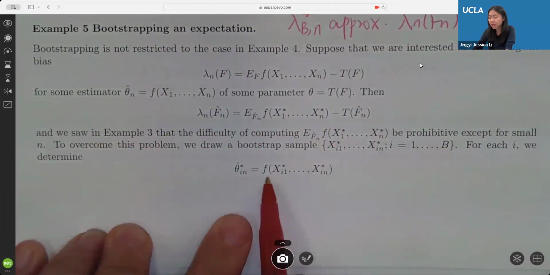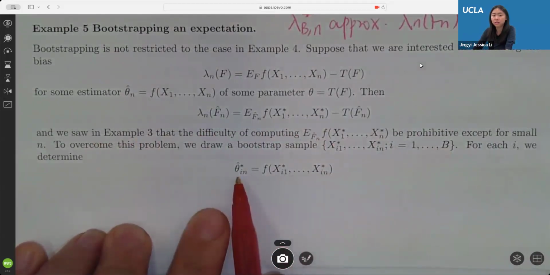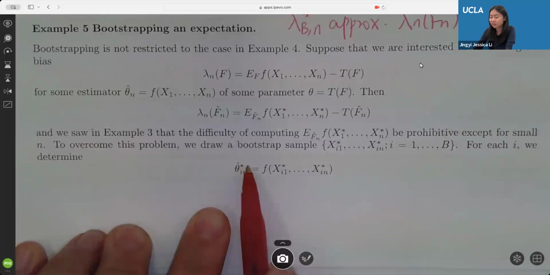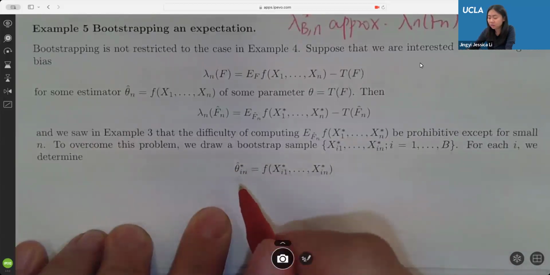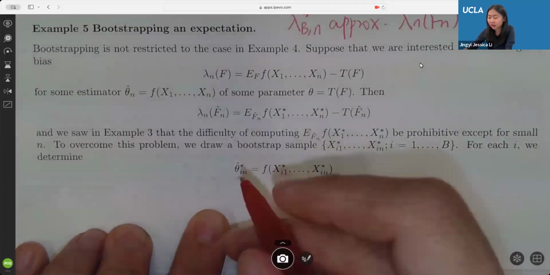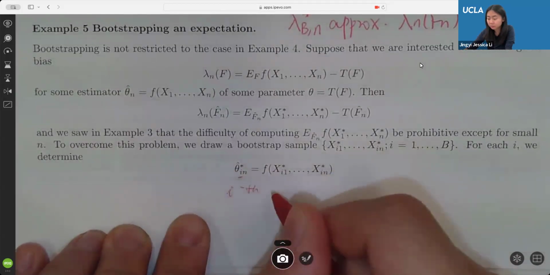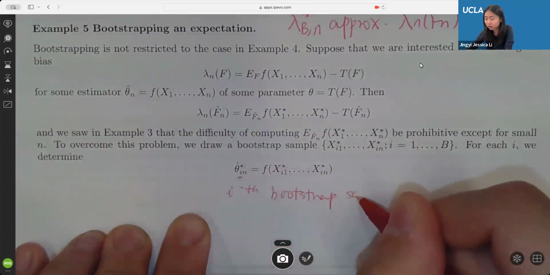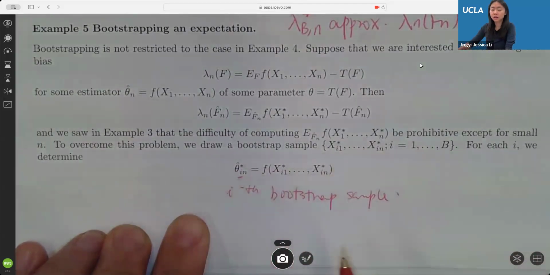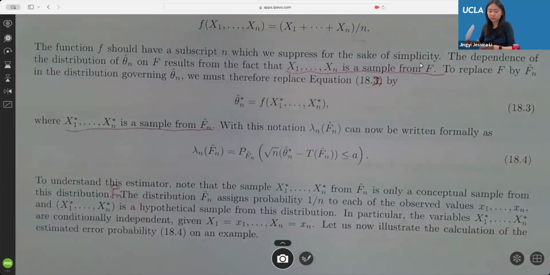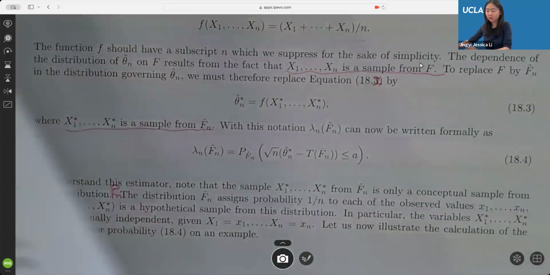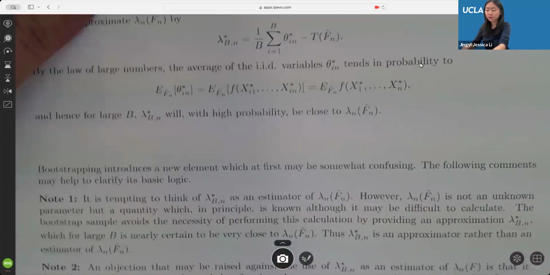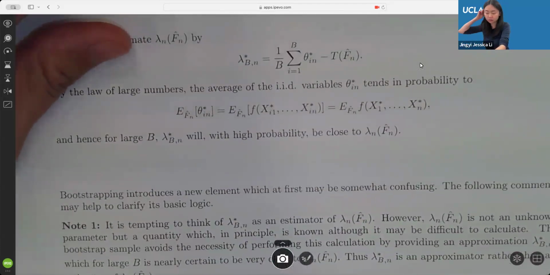And from each bootstrap sample, we compute this theta n star, right? Here we denote I as the ith bootstrap sample, and we compute our statistic. So you can see that we will have capital B of those.